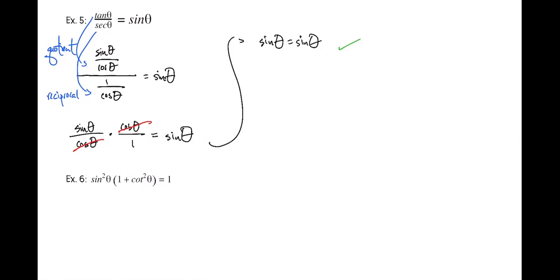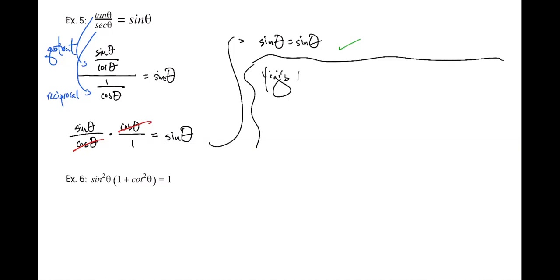So tangent times 1 over secant, which is tangent times cosine, and then that gives you sine. So you almost split it into two fractions in the beginning? Yeah. And then sine theta over cosine theta, and then this was cosine theta?